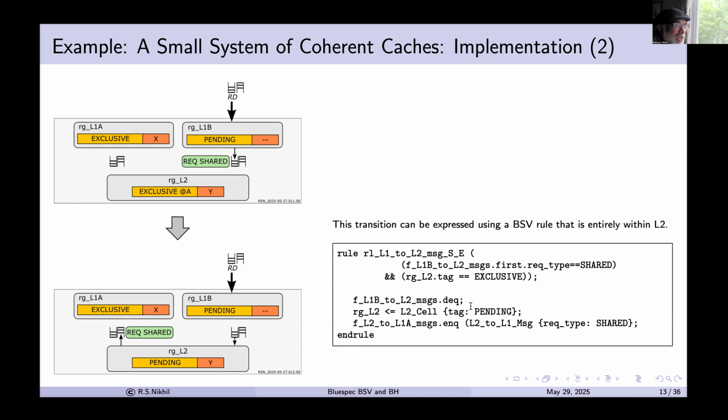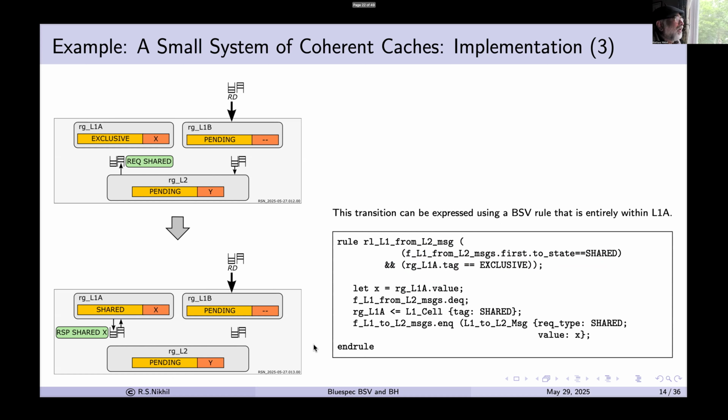Right? So that's again expressed using this rule. The rule condition is the fact that I've got a shared request and I'm in exclusive mode, which is the situation over here. And these actions basically say I go to pending and I send a shared request over to the L1A.